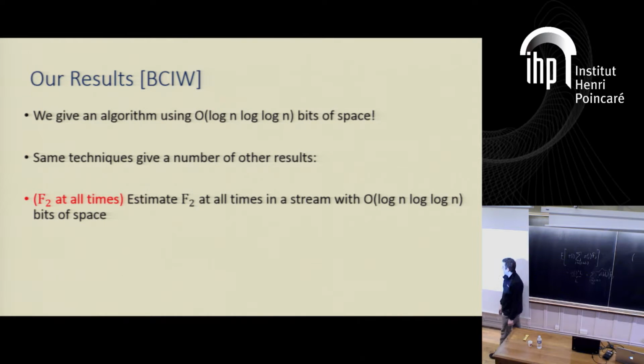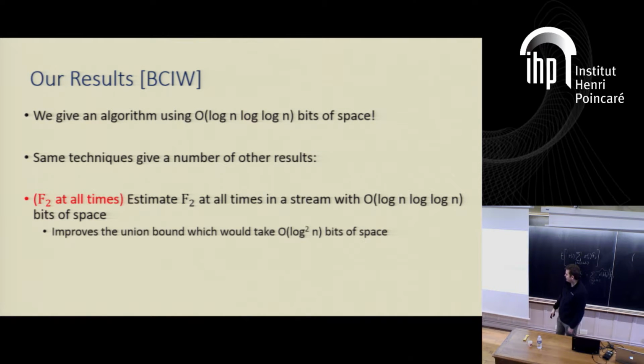Suppose you want to estimate f2, the sum of squares of frequencies, at all times in a stream. At every single point in the stream, I want to know the value of f2 up to a constant factor. Then we can do this with log n bits of space.